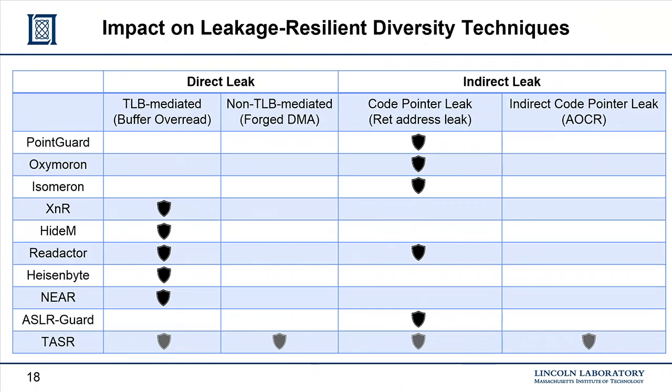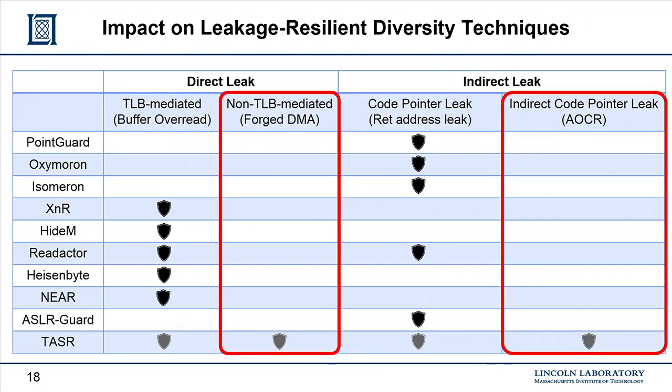That is quite hard to mitigate. So these 2 columns are novel contributions of this work. As you can see, there's a lack of coverage in that area. Many of the techniques are vulnerable to this type of attack. The last row, if you're curious, is a re-randomization technique that's not vulnerable to this particular type of attack, but it has its own caveats and limitations. I refer you to the paper for the details of that.